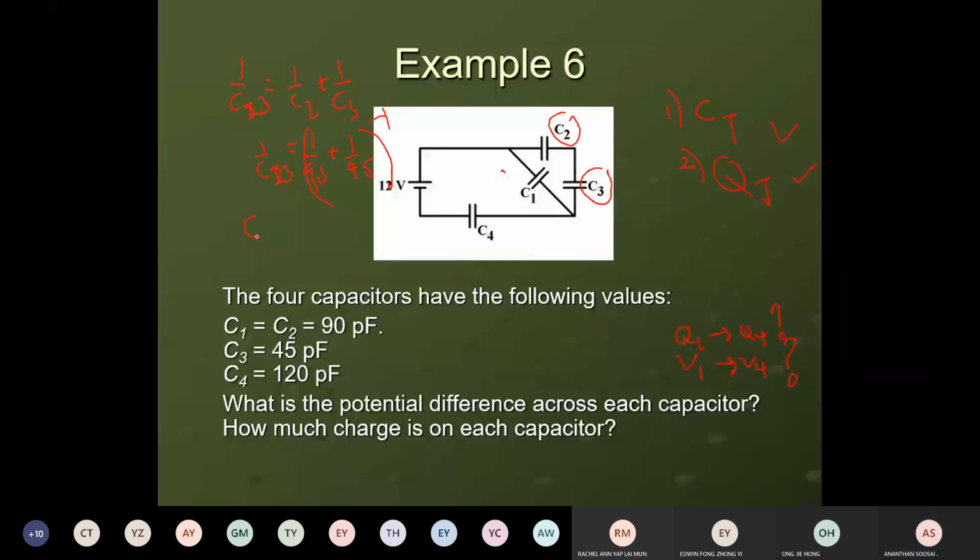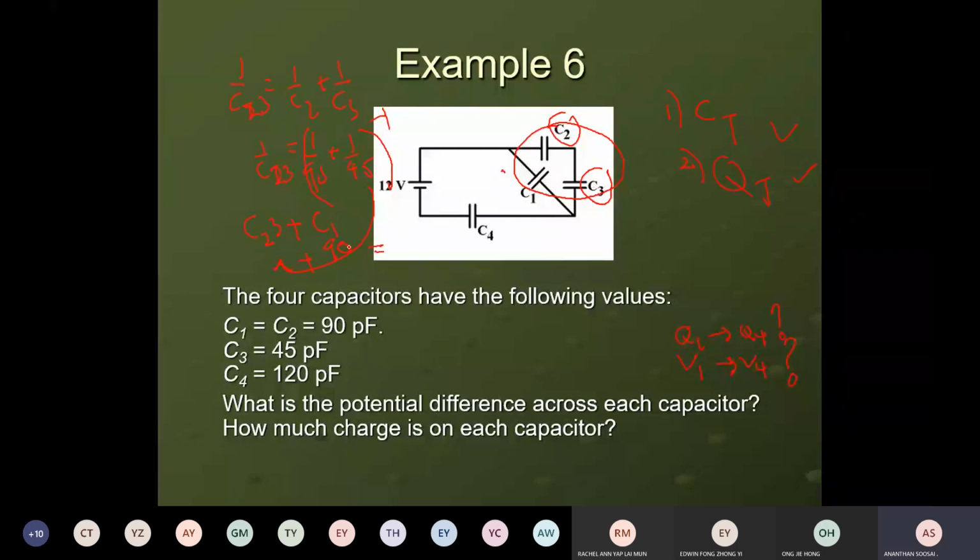Then what do you do? You add C2,3 with C1. You merge these 3. C1 how much? C1 is 90 again. So whatever answer you got here, you put it here, then plus C1. C1 is 90.